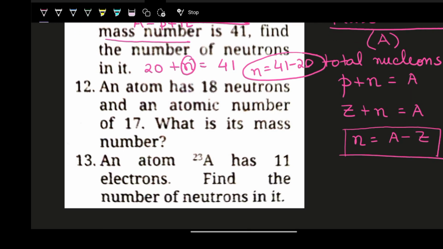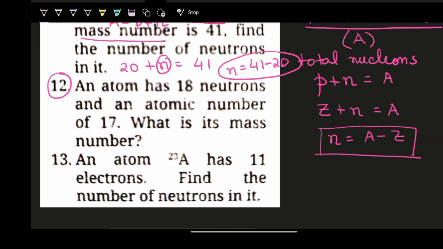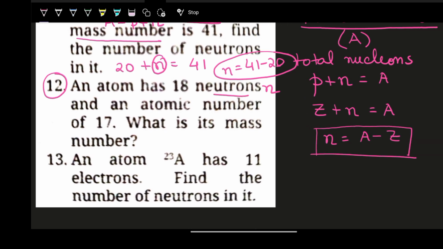Next, moving on to question number 12. An atom has 18 neutrons. Number of neutron is 18. And atomic number equal to 17. That is Z, which is equal to number of proton. What is its mass number? Now, mass number A is equal to number of proton plus number of neutron.